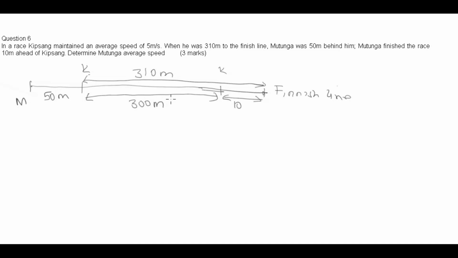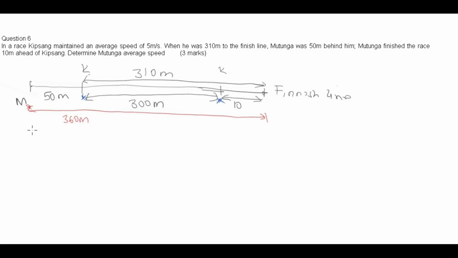So you are told to determine Mutunga's average speed. So we're going to do this. The time taken for Kcse to move from here up to here is the time taken for Mutunga to move from here all the way to the finish line, 360 meters.